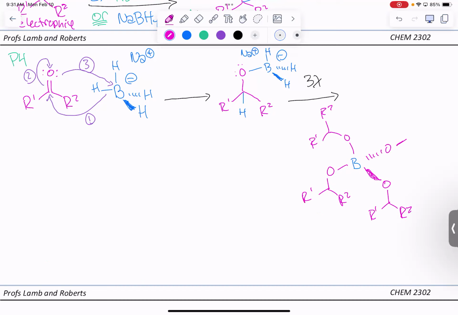All right, because boron is going to have 4 bonds to it, it's still negatively charged. We can draw in where all of our hydrides have gone to the base of all of our carbonyl carbons 4 times. And we still have our sodium counterion. All right, I'll give you a moment to draw that. All it is, you know, our first series of 3 arrows happening a total of 4 times.